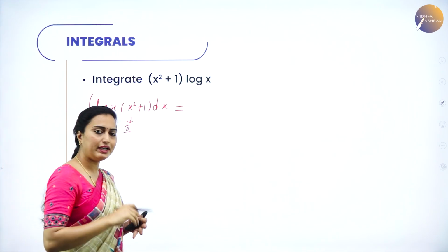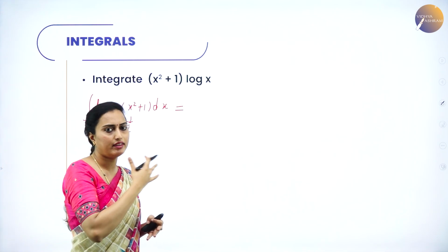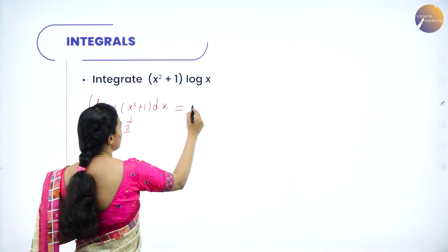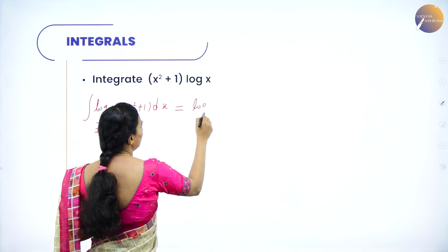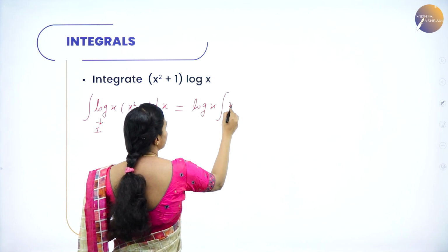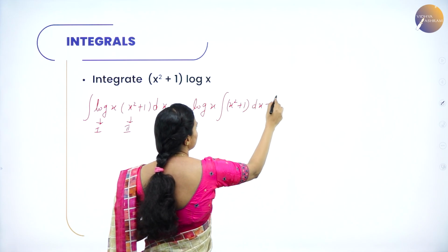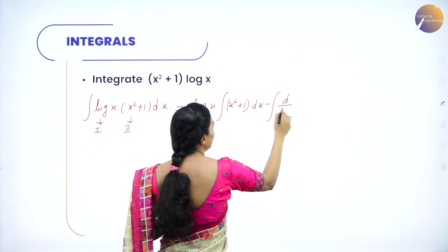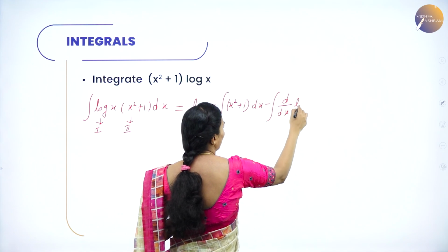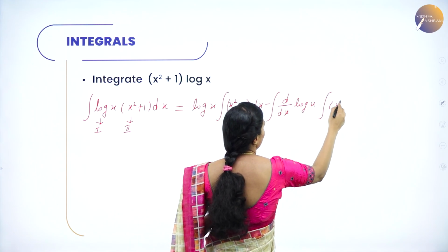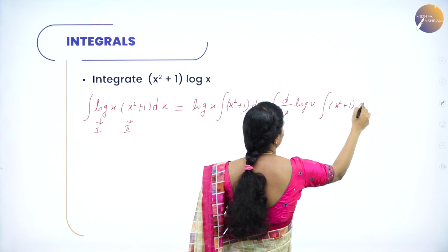Now, without writing the formula, let us remember it and accordingly, we have here the first function which is log x into integral of second function which is x squared plus 1 into dx, minus integral of d by dx of first function which is log x into integral of second function which is x squared plus 1 into dx.